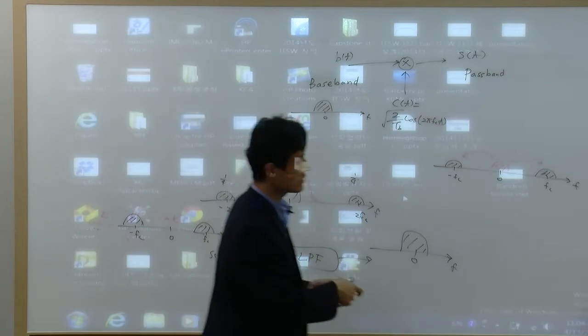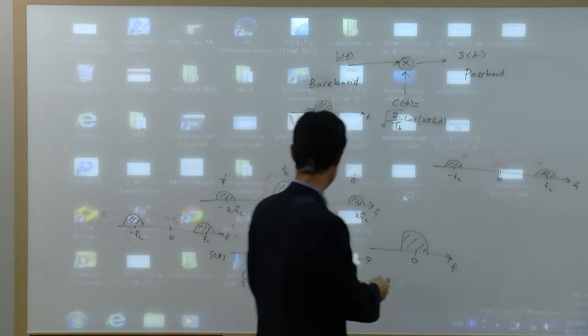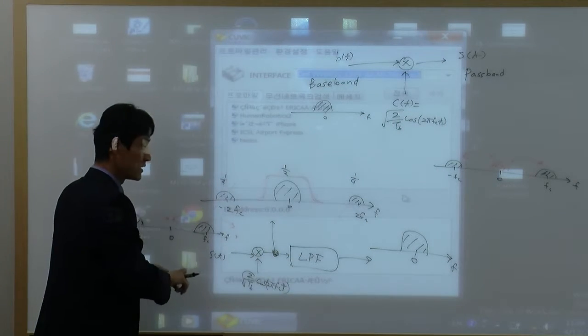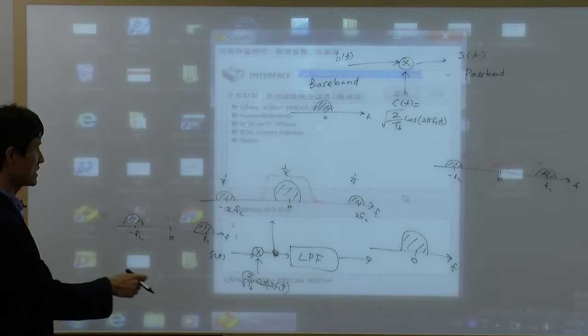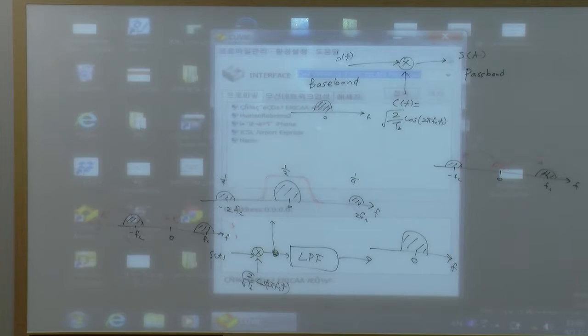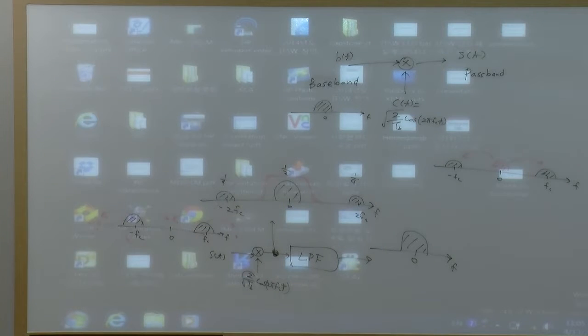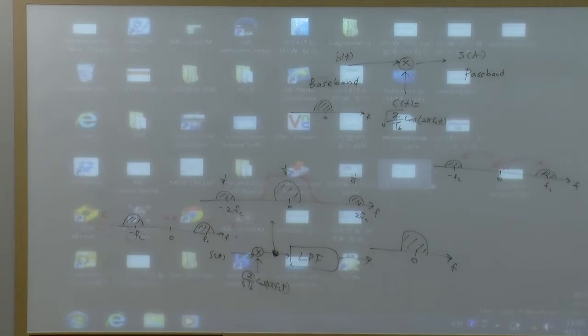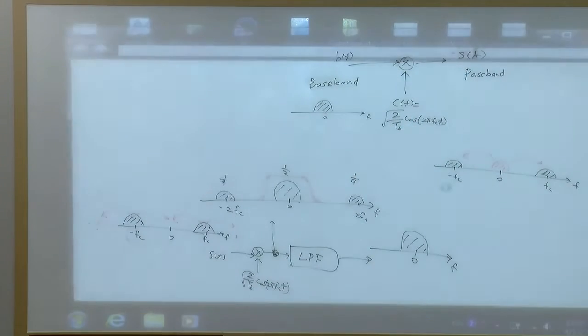This is why here you see cosine square, right? What you see here is actually cosine square.